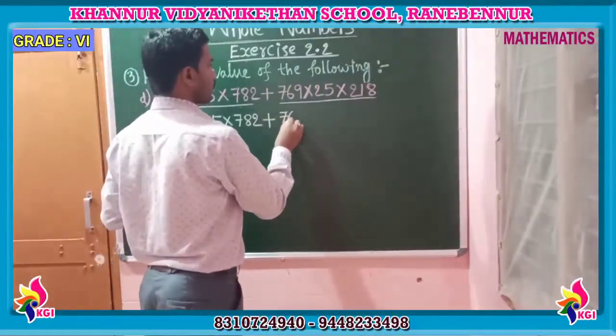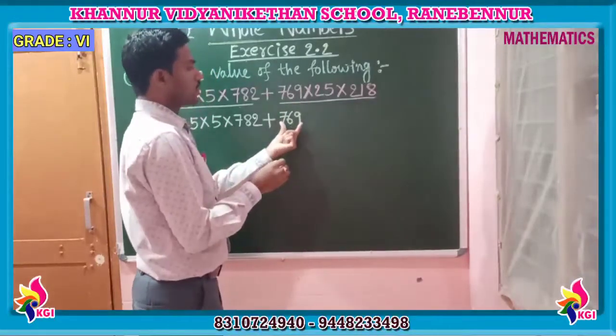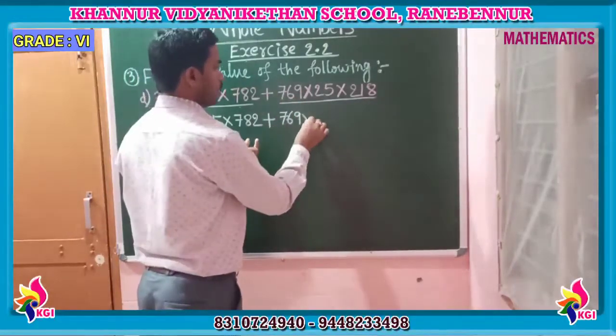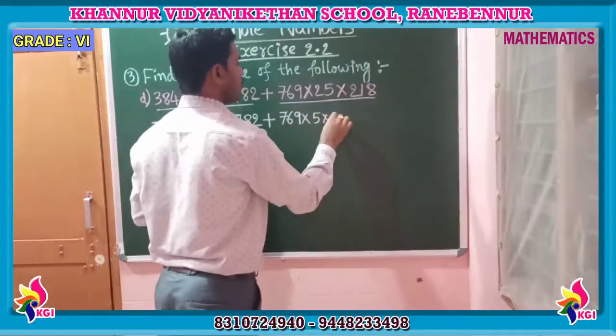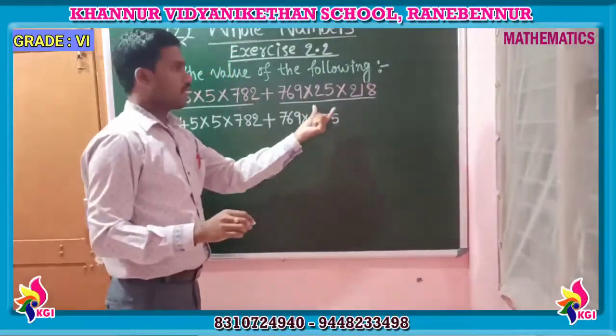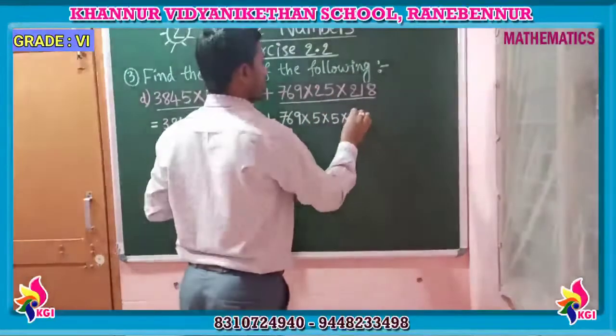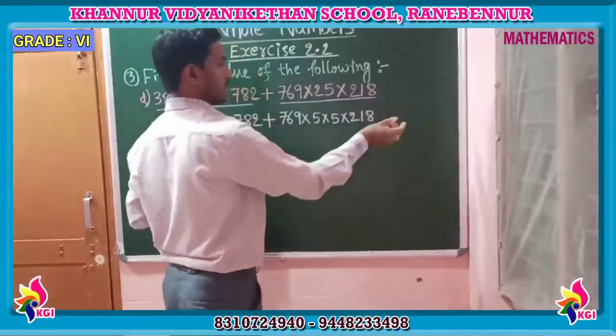Now I'll write this 769 as it is, into this 25 is there. No? I'll write this 5 into 5, 5 5s are 25, and write this 218 as it is.